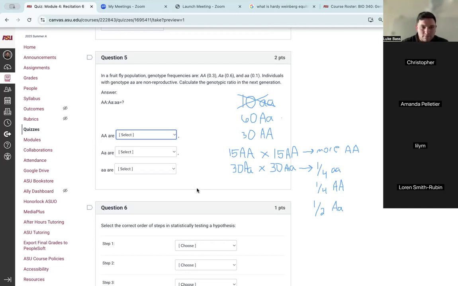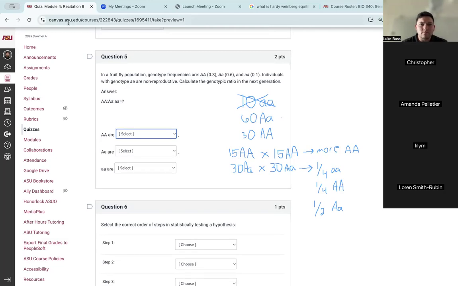Okay. So now if we look at it the other way and look at how we would end up with the max number of heterozygotes, we could mix in some of the homozygous dominants mated with the heterozygotes.